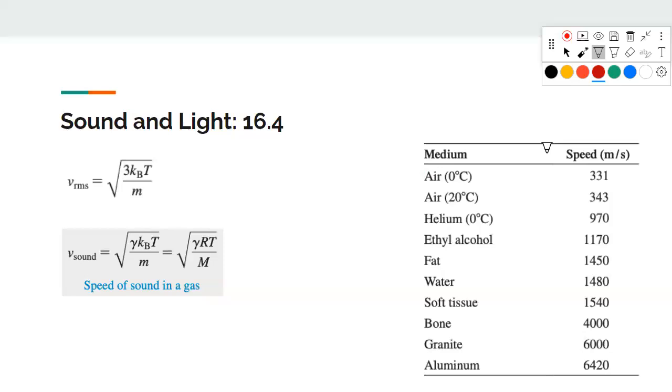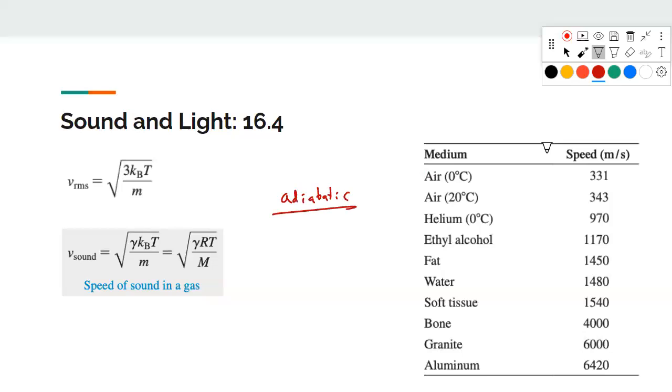Okay, so there's a lot of stuff here, but we learned that the RMS velocity of a gas molecule is the square root of 3 k_B T over the mass of that particle. And it turns out that there's a nice derivation that I'm not going to do for you. If you say to yourself, okay, I have a sound wave, I know that heat probably isn't very important to a sound wave, so a sound wave is an example of an adiabatic process.